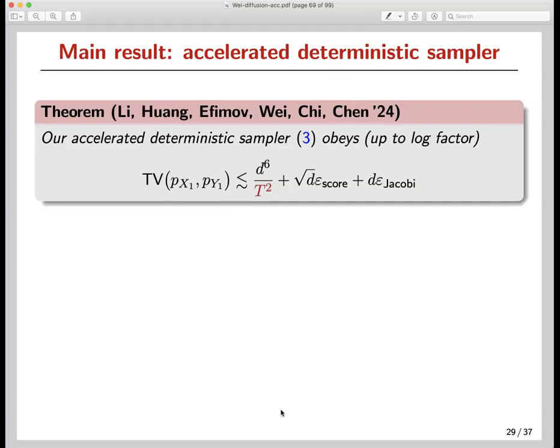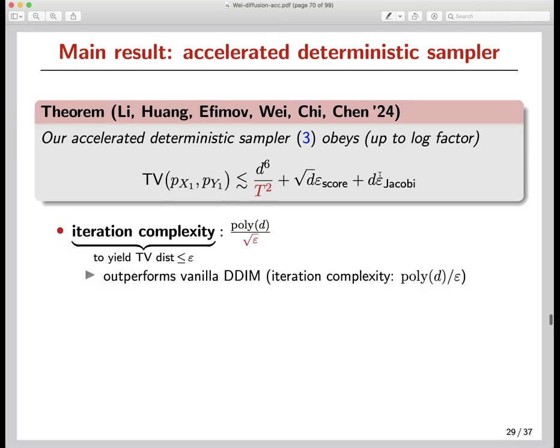We are able to show that our accelerated deterministic sampler obeys the following property: the TV distance, measuring the quality of your sampler, is bounded by d to the 6th power divided by t squared plus some score estimation error. The second part is similar to our previous results on DDIM.